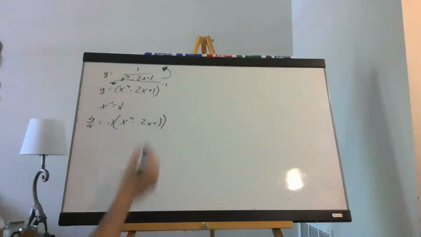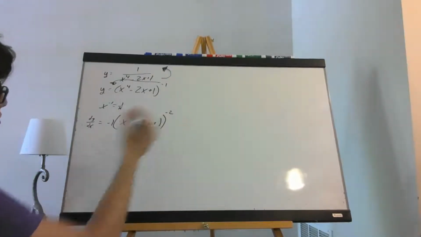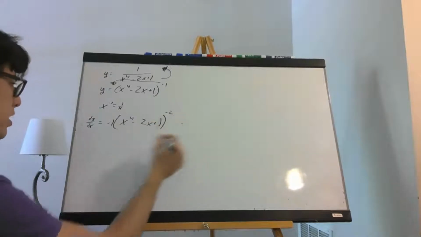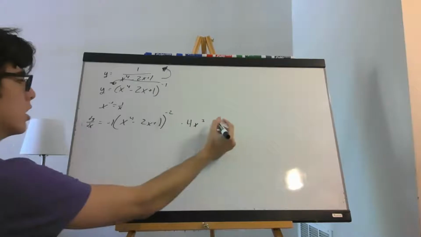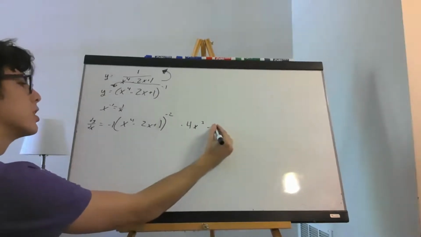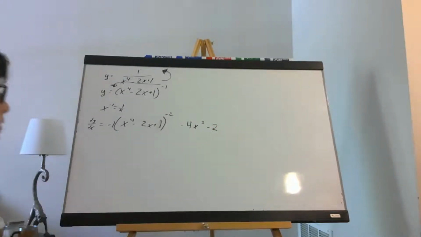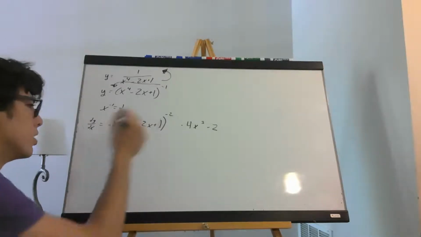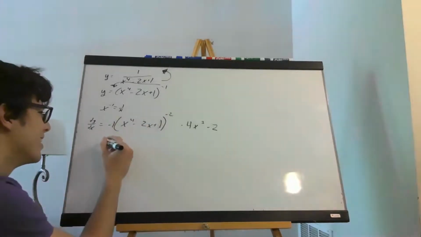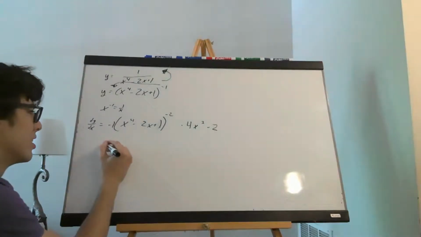And then now we subtract 1, so negative 2. Now we have to do the final step of this, which is multiplying by the derivative of the inside, which should give you something like this. And then if you really want to go the extra yard, I mean, I can't stop you. So here's what I would say to write it out as.